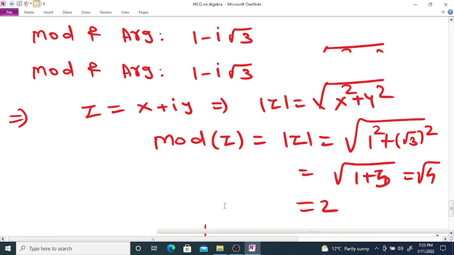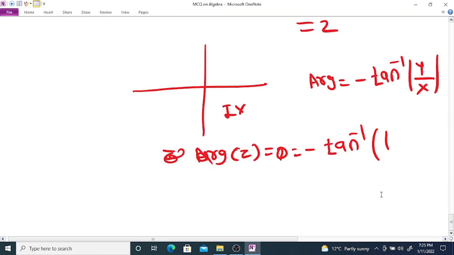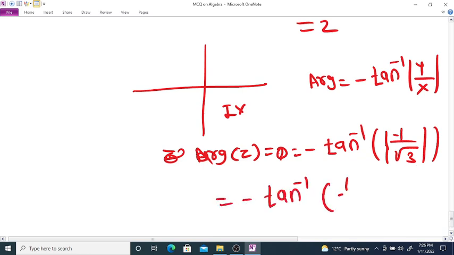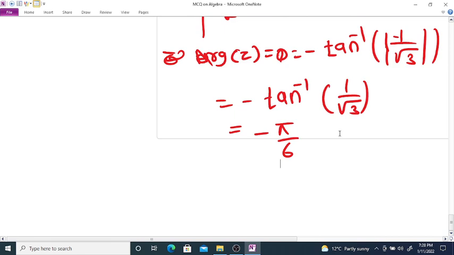Here the real part x is 1 and the imaginary part is minus root 3, but the modulus is always positive, so it is 1 by root 3. This is equal to minus tan inverse of 1 by root 3, which is equal to minus pi by 6. Tan inverse of 1 by root 3 is equal to pi by 6.